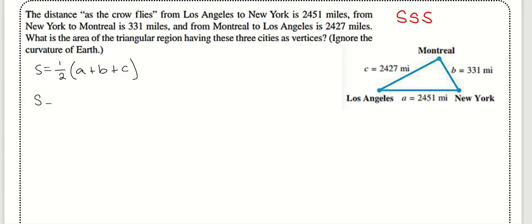So our S here is going to be 1/2 times 2451 plus 331 plus 2427, which again, using our fancy calculators or our fancy phone, we should get a semi-perimeter of 2,604.5.